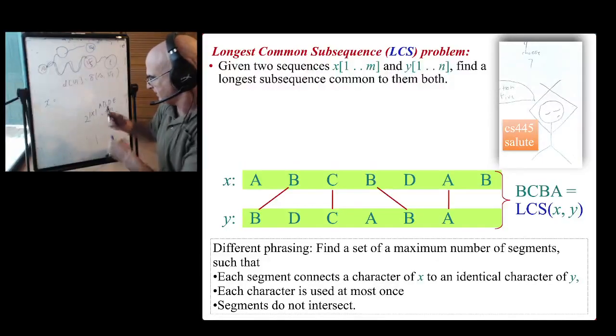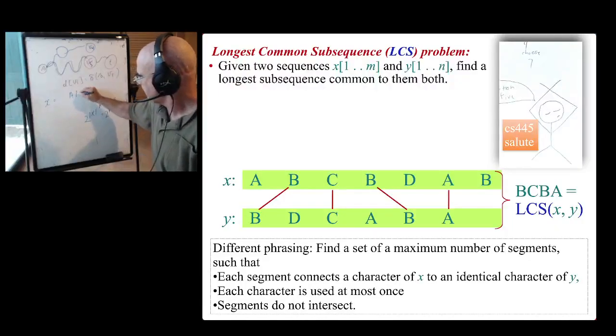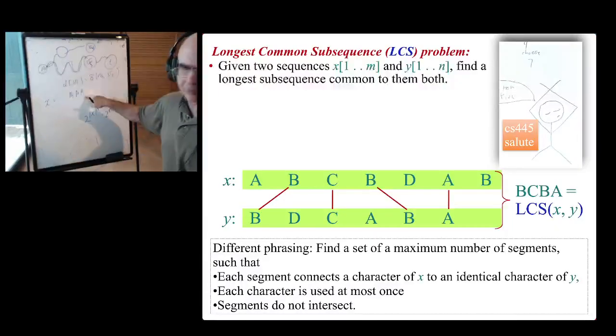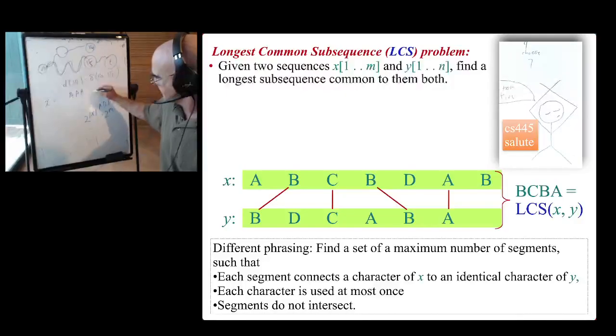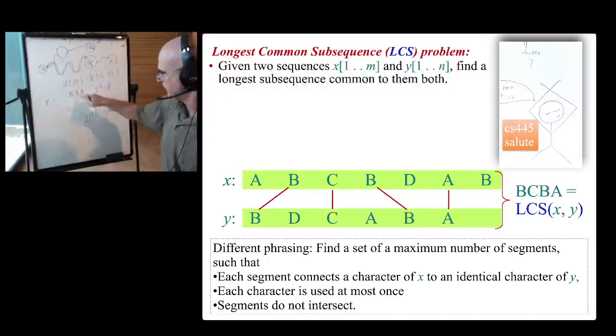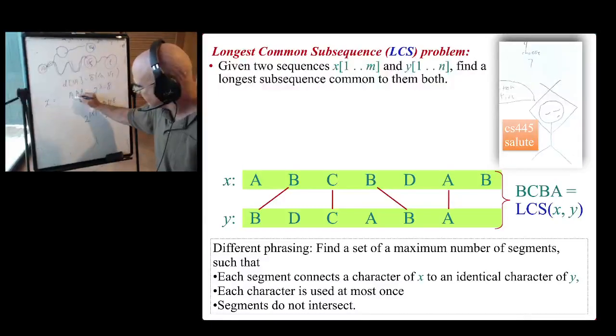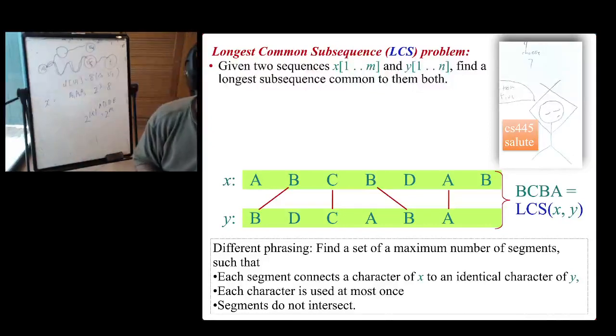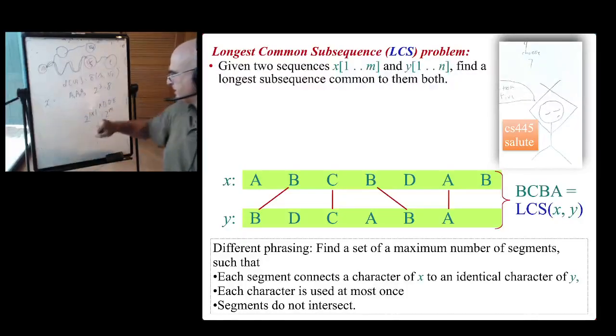For this sequence, I'll still think that the number of subsequences is 2 to the 3, which is 8, because I still think about A1, A2, and A3 as different characters. You'll see the applications and you'll see why. Even though they are the same character, I'll still distinguish between them.